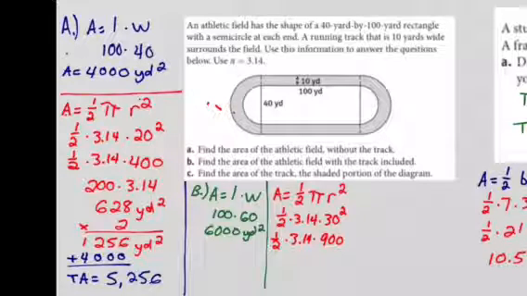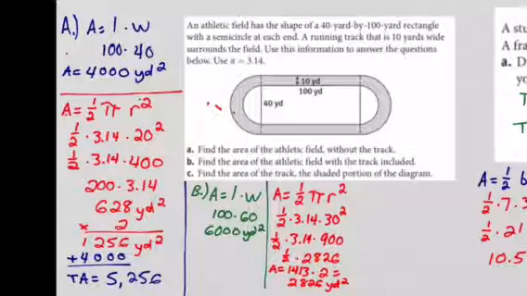And what I am going to go ahead and do is multiply 3.14 times 900. And when I do that, I get 2,826. And then I divide it by 2, and I get the area of 1,413. Now, I have two of those, one on each end, so I'm going to multiply that by 2, and I'm going to get, once again, 2,826 yards squared.